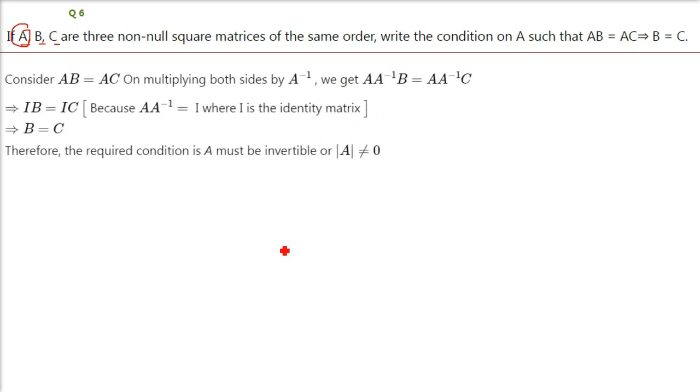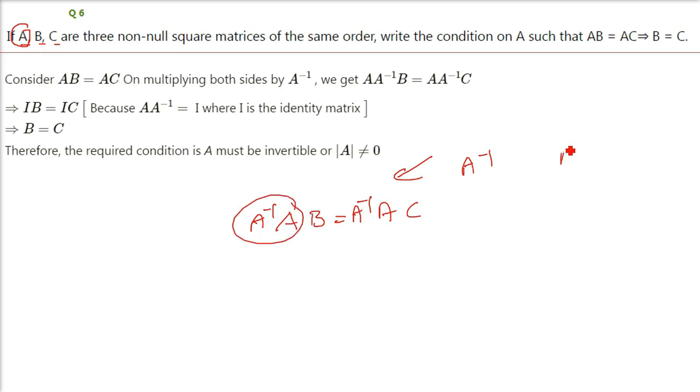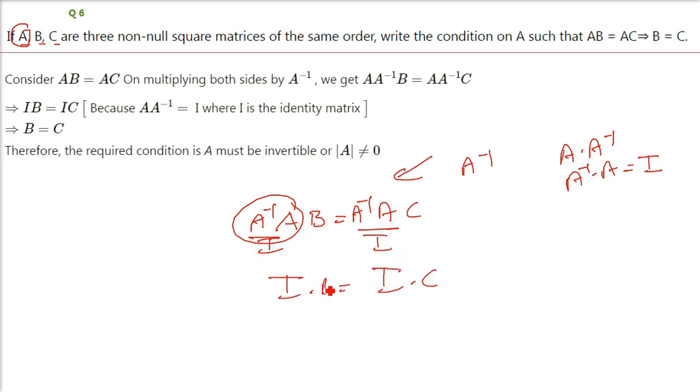See, this is AB equals AC. Now both the sides will be multiplied by A inverse. I'll tell you what is the condition, but first let us multiply by A inverse. This A inverse A is going to be identity matrix. Even A into A inverse, A inverse into A is going to be identity matrix. So identity matrix into B equals identity matrix into C. That is, anything multiplied by the identity matrix is going to be the same matrix.